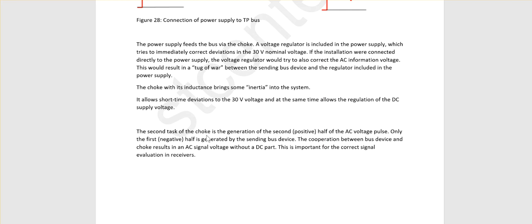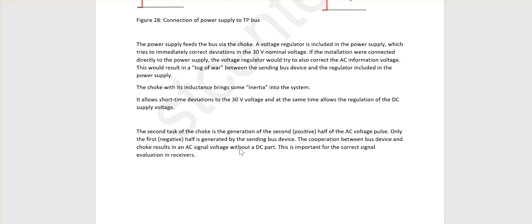The second task of the choke is the generation of the second positive half of the AC voltage. Okay, so it provides us the positive half of the AC voltage. Only the first negative half is generated by the sending bus device. The cooperation between the bus device and the choke results in an AC signal voltage without a DC part.